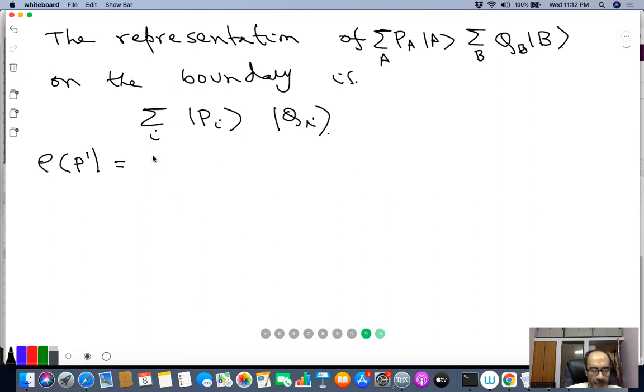So for rho of P prime you're basically trying to trace out these states, because these are supported on the basis states B, and these are supported on the basis states A. So this will be given by a sum over Ij.